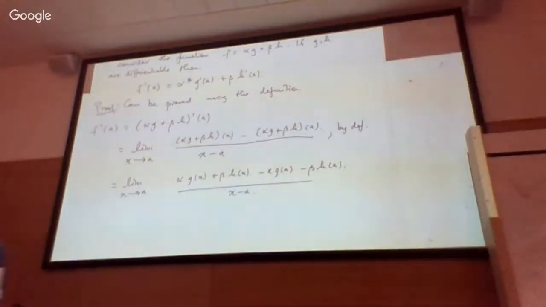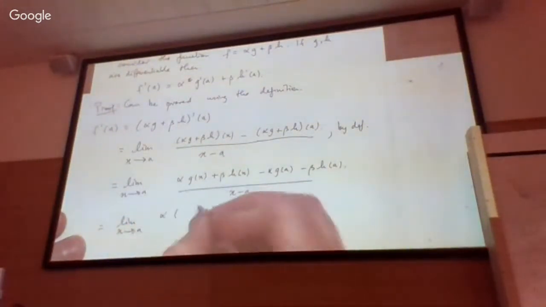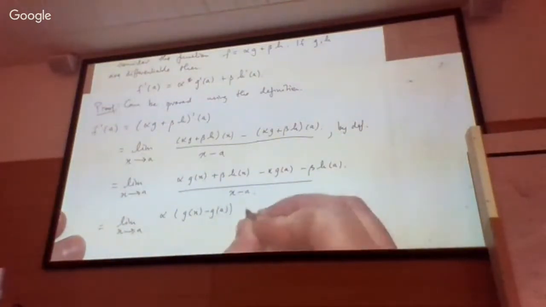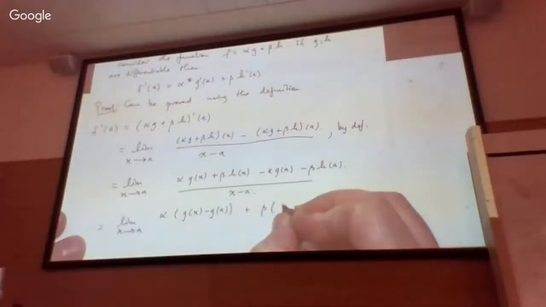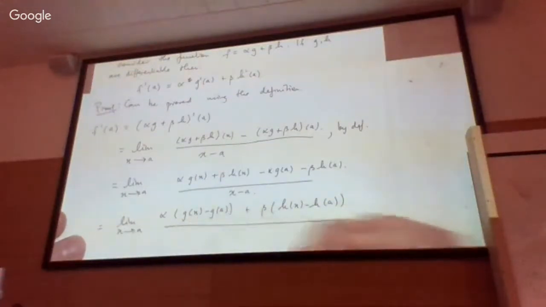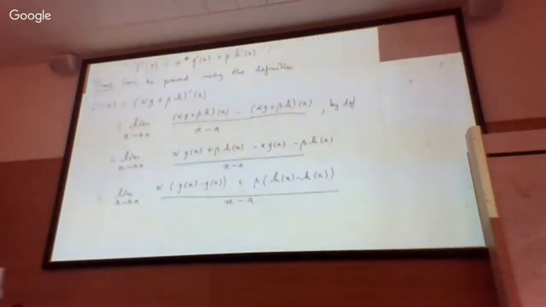And now you can start to see how you can gather stuff together. Say this, the limit as x approaches a, alpha times g of x minus g of a, and beta times h of x minus h of a. Should probably have broken the fraction there.